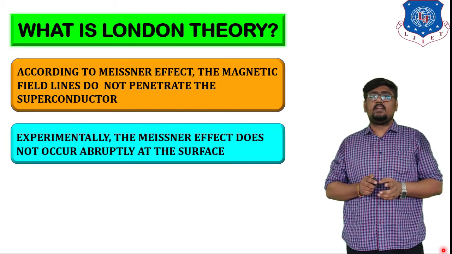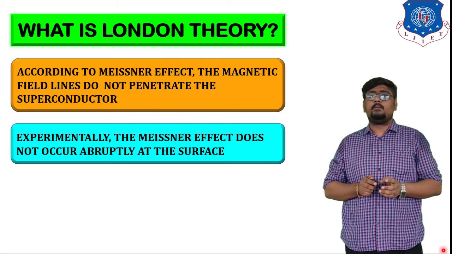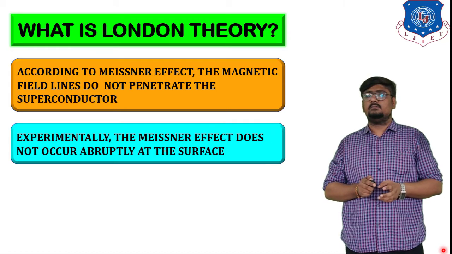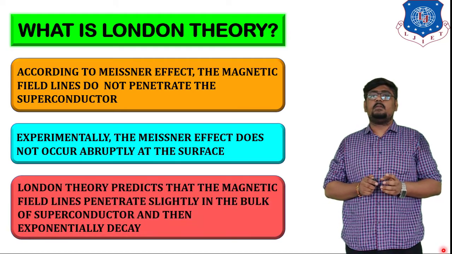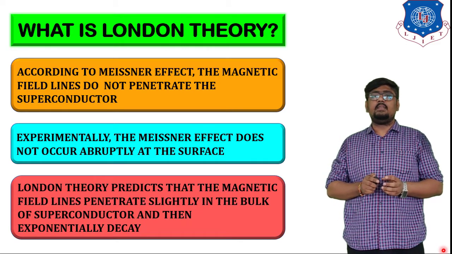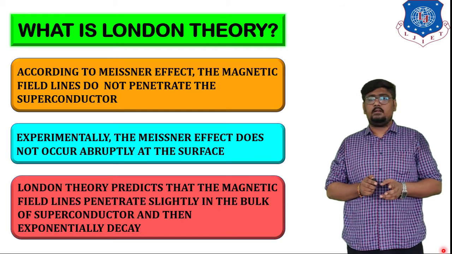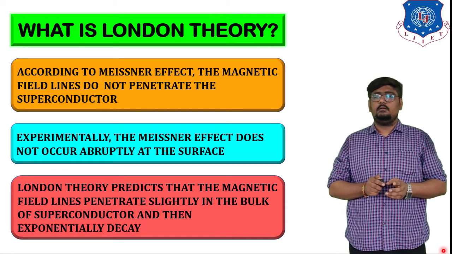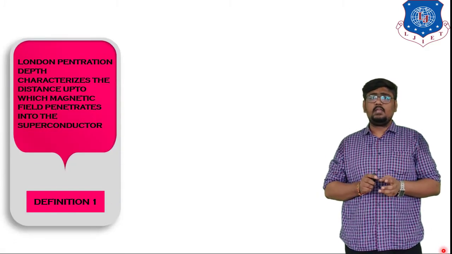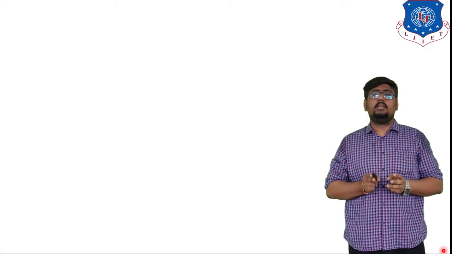Experimentally, the Meissner effect does not occur abruptly at the surface, and London theory predicts that the magnetic field lines penetrate slightly into the bulk of the superconductor and then decay exponentially. It enters the superconductor bulk and thereby gradually starts decaying exponentially.